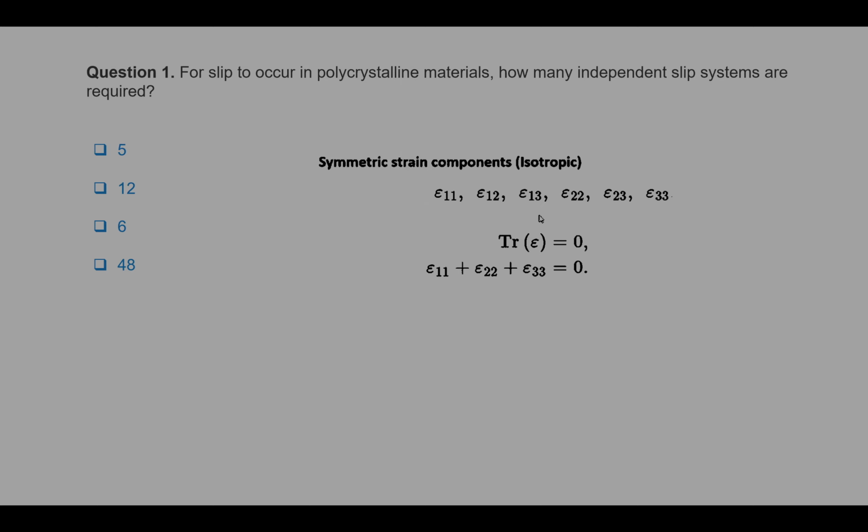As we know, a strain matrix has 9 components.